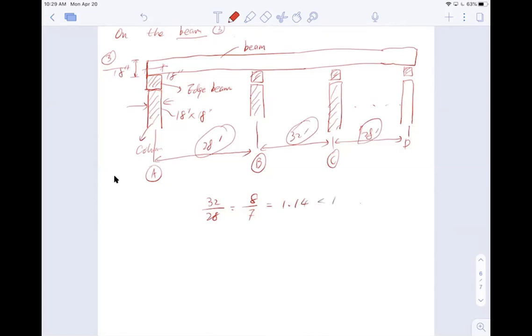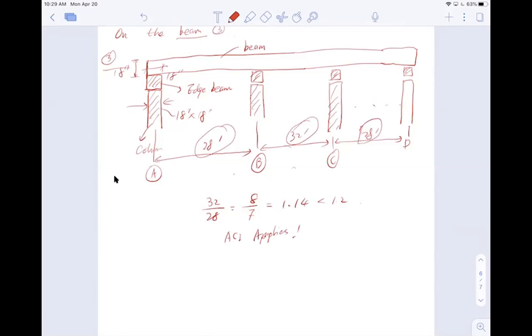It's smaller than 1.2, so ACI applies. ACI moment coefficients apply. If it's 28 and 32, I have two adjacent spans within 20% of difference, then ACI applies. Then I can go back and use that table to find moment coefficients.